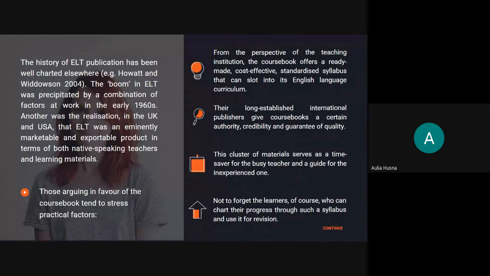Number two, their long-established international publishers give coursebooks a certain authority, credibility, and guarantee of quality. Number three, this cluster of material serves as a time saver for the busy teacher and a guide for the inexperienced one. The last one, not to forget the learners, of course, who can chart their progress through such a syllabus and use it for revision. The next is Yashinta.